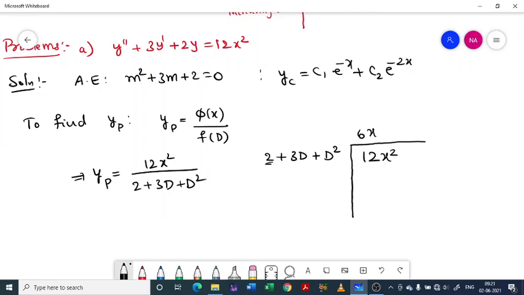That you have to write here. Now multiplying, 2 times 6x square is 12x square, plus 3D times 6x square. 3 into 6 is 18, into the derivative of x square, that is 2x. So you will be getting 36x.